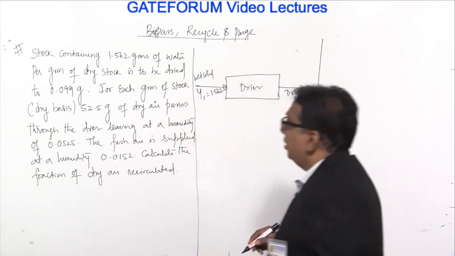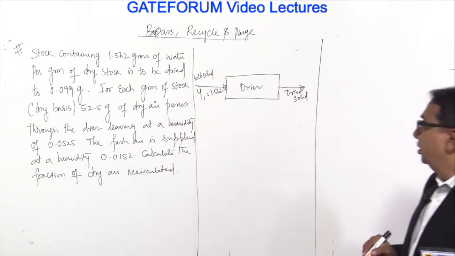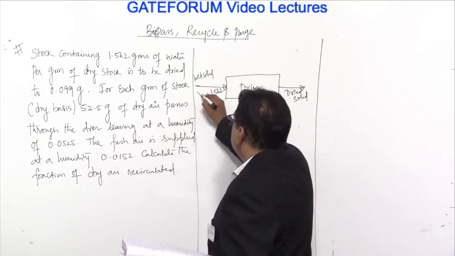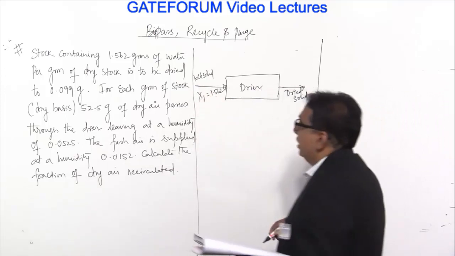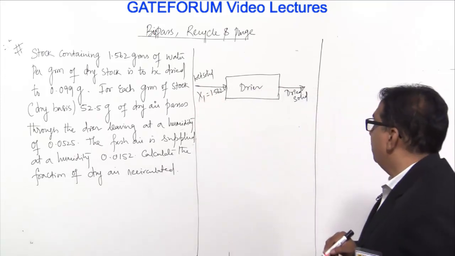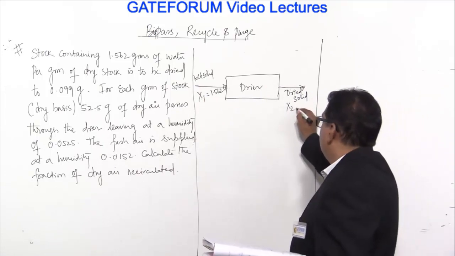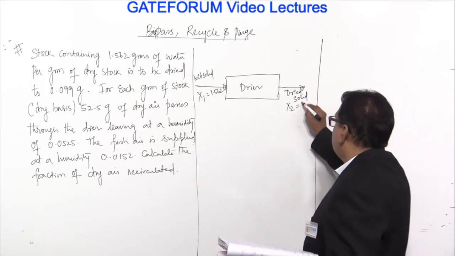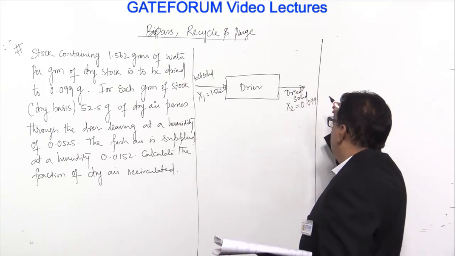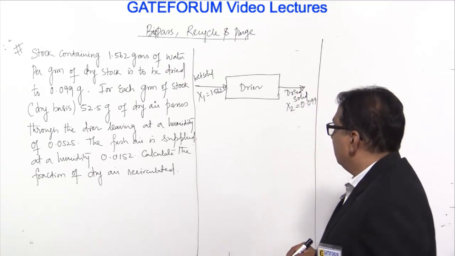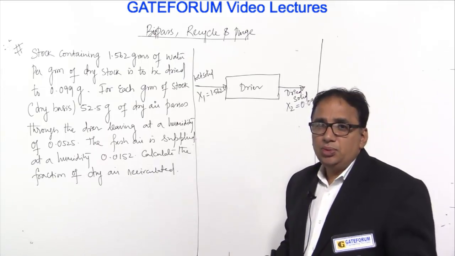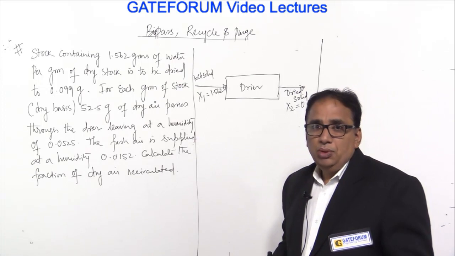This is X1, because it is the amount of water per dry stock. So X2 is to be dried to 0.099. He has given us the amount of water, because the dry stock won't go.